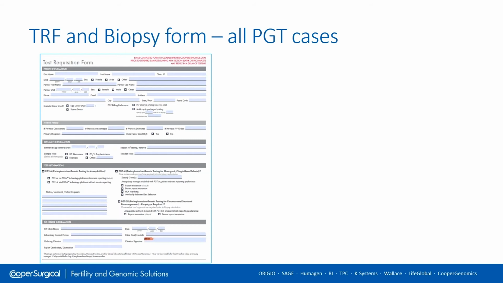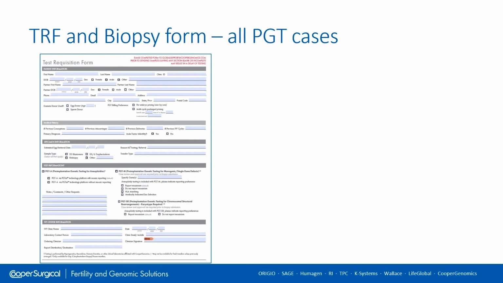So we need their name, surname, date of birth, and this is the same for patient and partner. We also ask for the internal clinic ID numbers for your patients. And this is because we are using those numbers when communicating with you about the case. So we do not normally use names and surnames of the patients when I'm discussing cases with you.